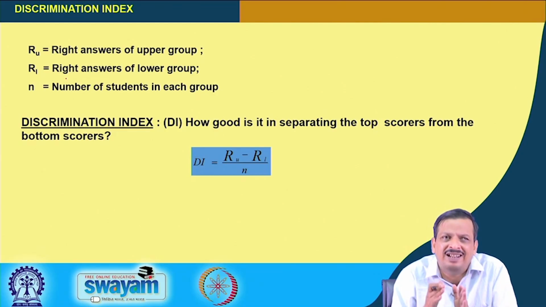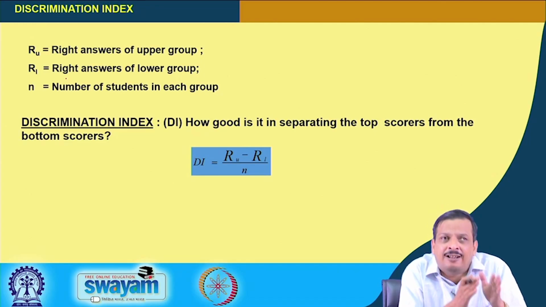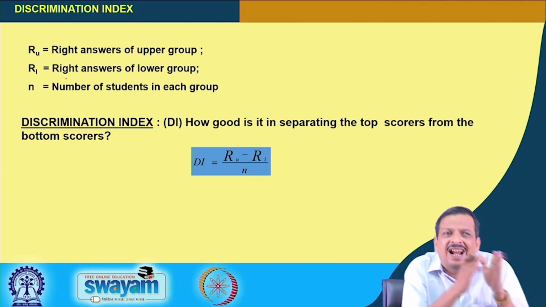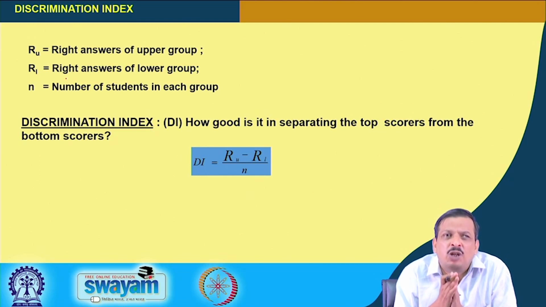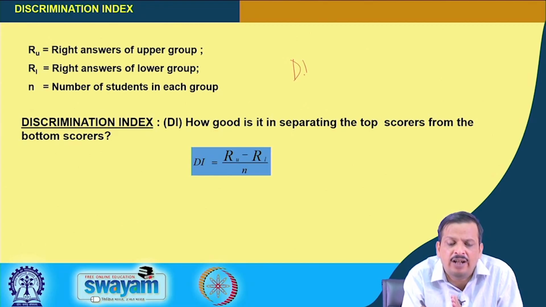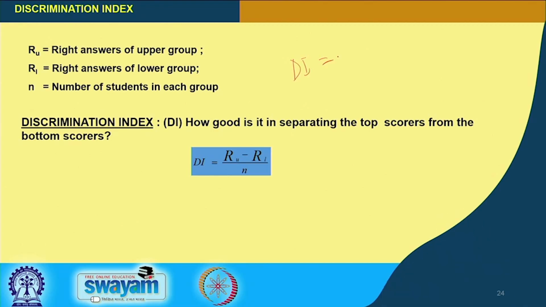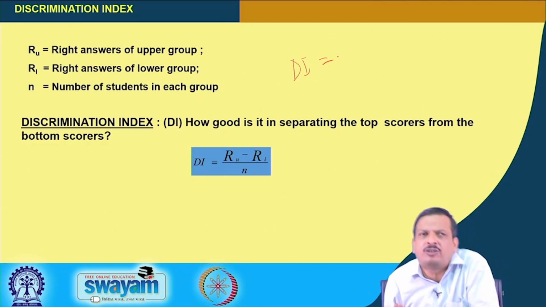So, how do we calculate the discriminative index? It differentiates between good and bad. The discriminative index is called DI. When will it be 1? It will be good when it discriminates the good students from the bad students.